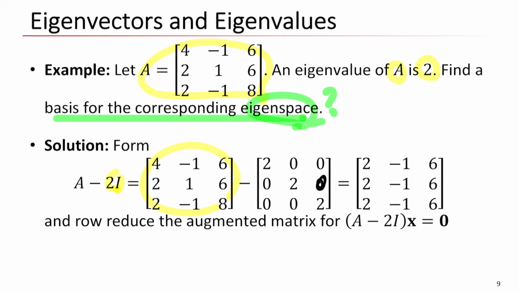Then by subtracting these two matrices, we can get 2, 2, 2, negative 1, negative 1, negative 1, 6, 6, 6, right? So this is A minus 2I, and we can row reduce this augmented matrix for (A minus 2I)x is equal to 0 to find this vector, right?